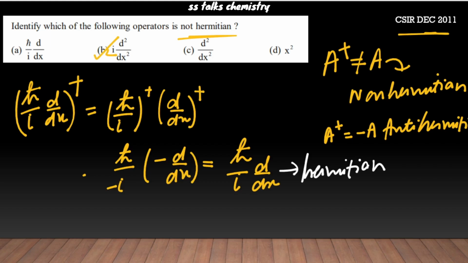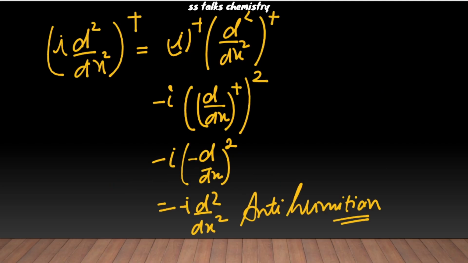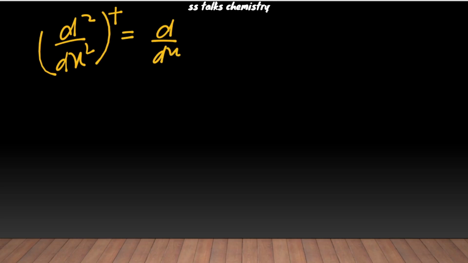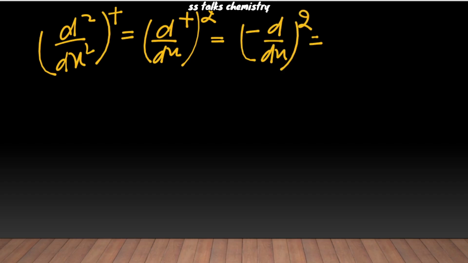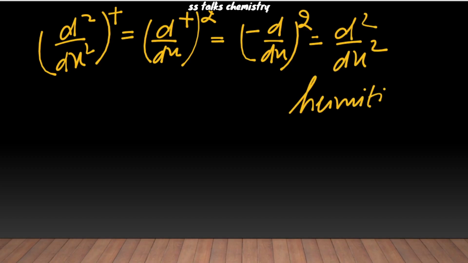Next, you can also check d by dx square. The dagger of it will be d by dx dagger, the square of it. It is minus d by dx, the square of it. So it will be equal to d square by dx square only. Same operator we are getting, so it is Hermitian.